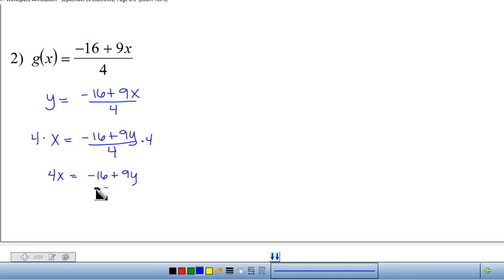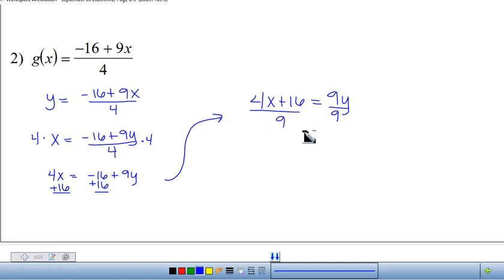The next step will be to add 16 to both sides. Now I think I'm going to write my answer up here. I have 4x plus 16 equal to 9y. And the final step will be to divide both sides by 9. So y is equal to 4x plus 16 divided by 9.